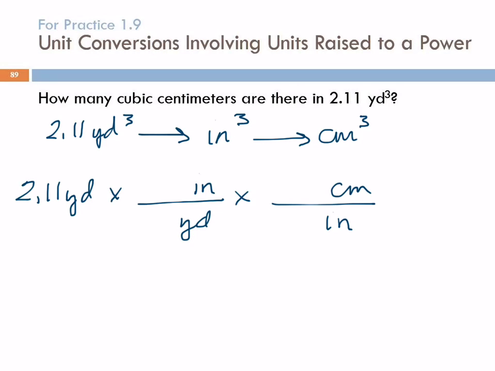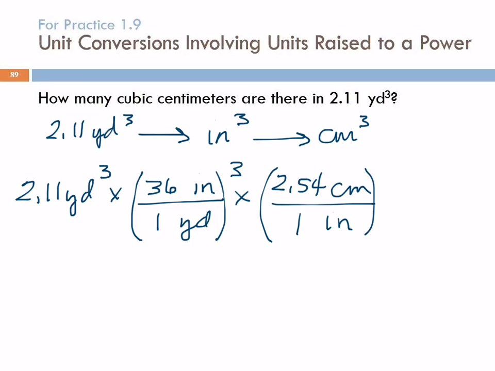And now I want to put my numbers in. 36 inches to 1 yard, 2.54 centimeters to 1 inch. But this is cubed. This is yards cubed. So what I'm going to do is I'm going to take this whole conversion factor and cube it. And I'm going to take this whole conversion factor and cube it.